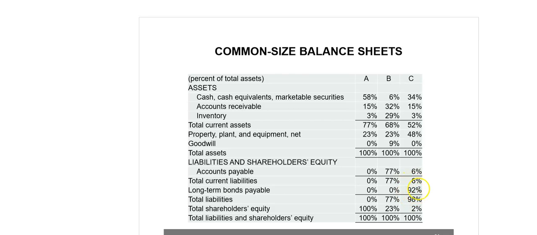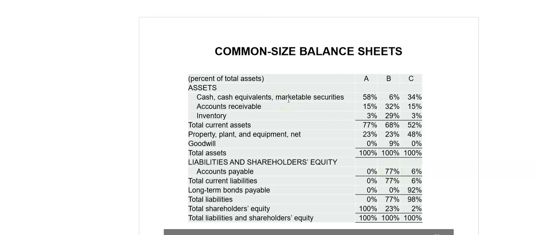Also note that 92% of the assets of company C are financed through long-term bonds payable on which interest is an expense that is paid. Hence, the coverage ratio, if we calculate it here, would also indicate higher solvency risk or financial risk for company C. Also note that we have rounded the percentages here and have ignored the decimal places.